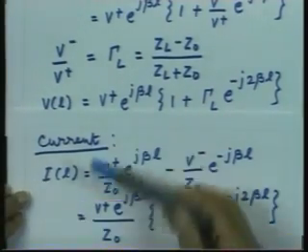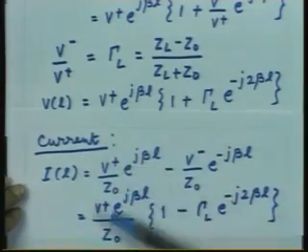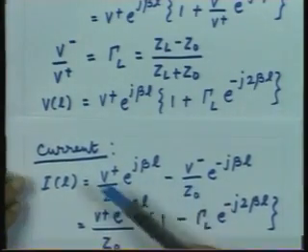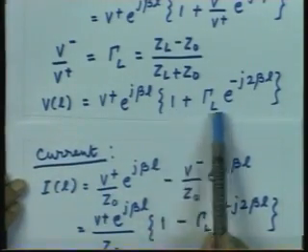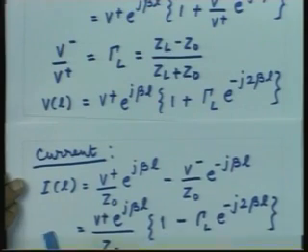Now, we can investigate certain features of the transmission line from here, and the first thing we will note is that there are two terms either in voltage or current.